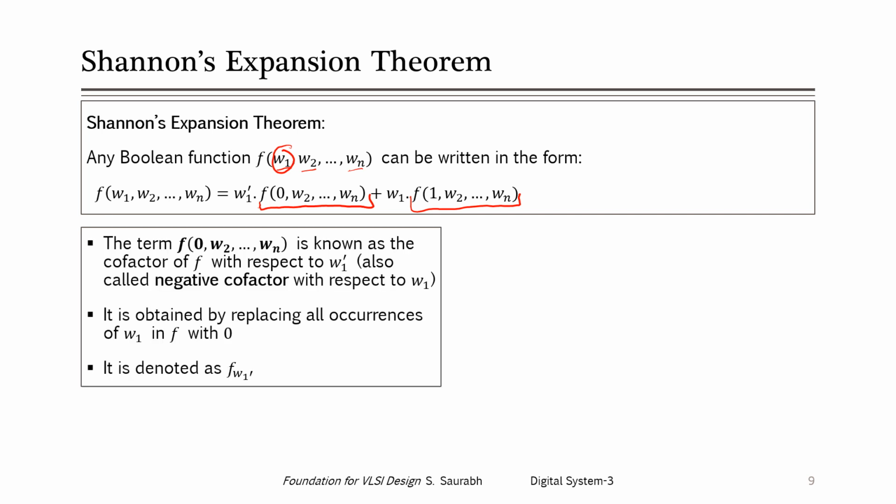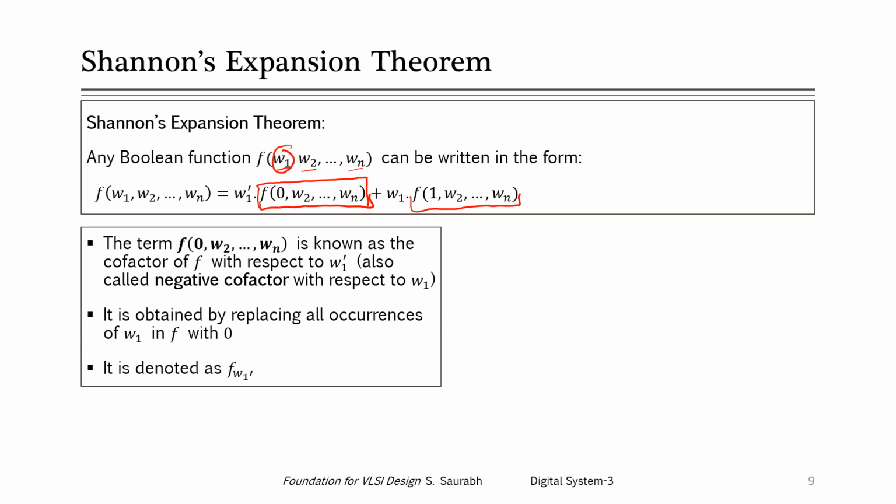So let's see. The first term, f0, w2, w3 to wn, is known as the cofactor of f with respect to w1 dash, also known as the negative cofactor with respect to w1. In a given Boolean function, if we put the value of a variable as 0, that variable goes away, so this function is independent of w1.